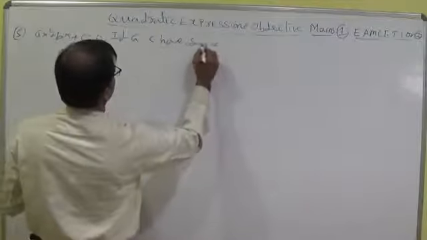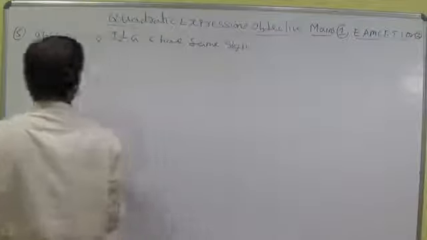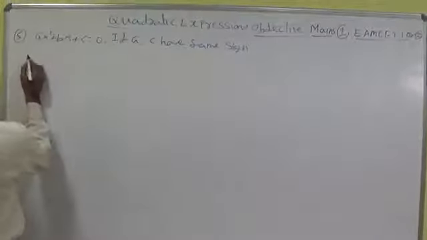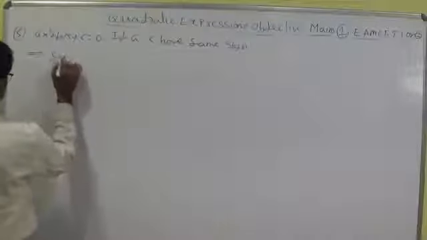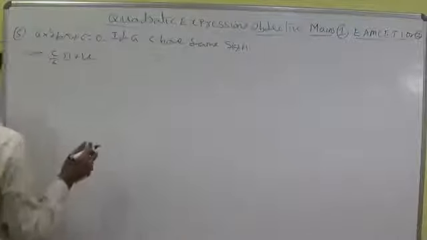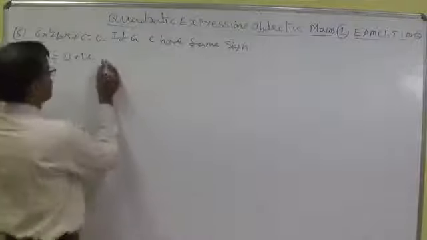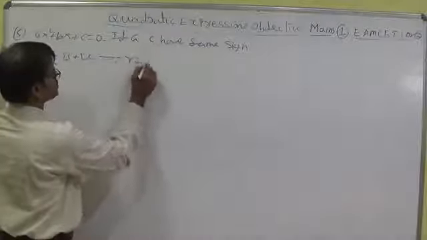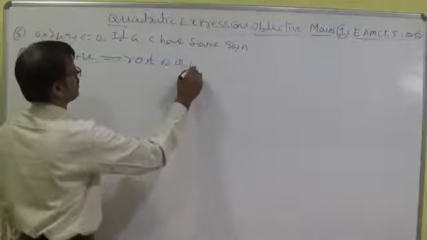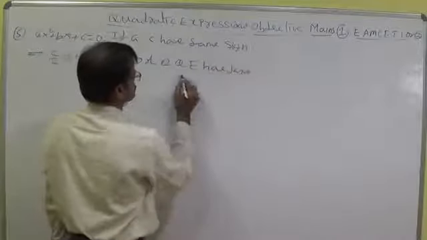In the quadratic equation ax² + bx + c, if a, c have the same sign, that implies c/a is positive. Hence the roots have the same sign. That implies the roots of that quadratic equation have the same sign.